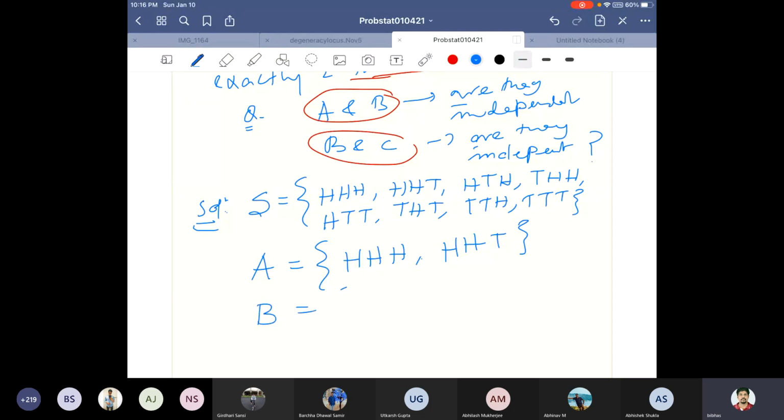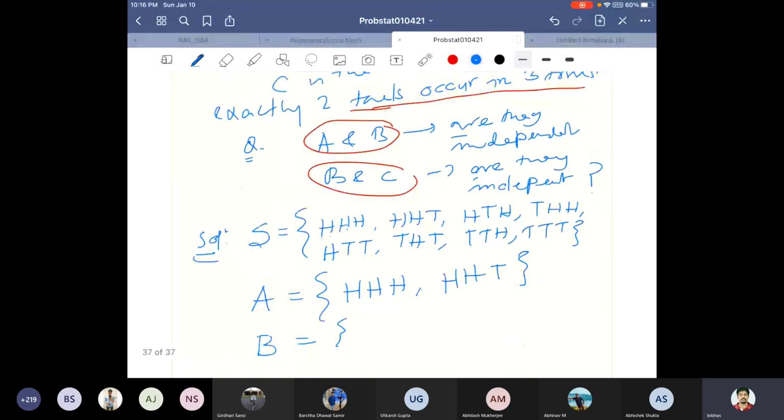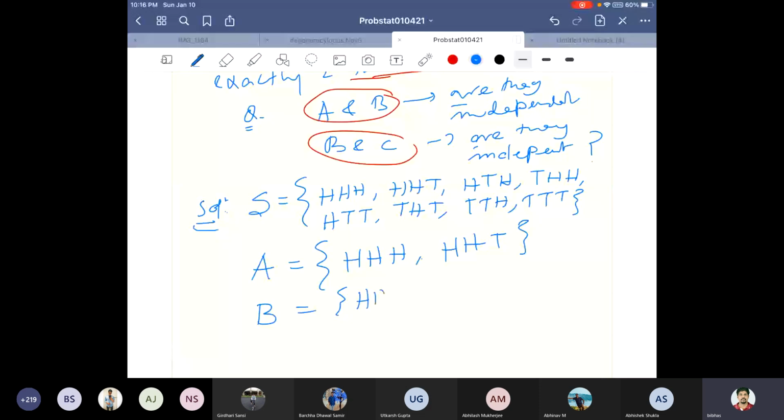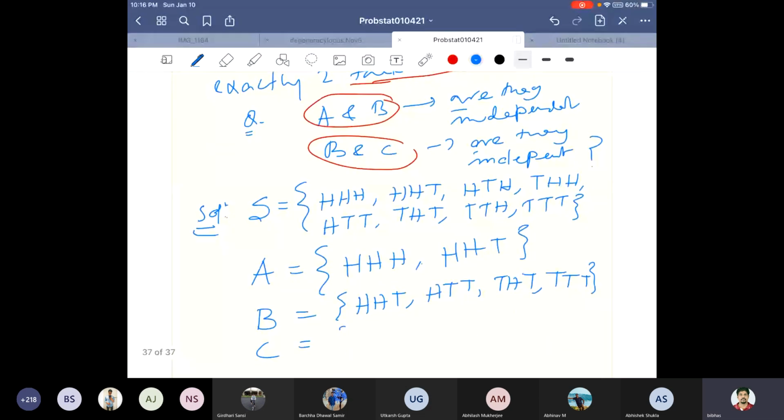B occurs means tail occurs on the third toss, so it could be HHT or HTT or THT or TTT. And C is the event that the total number of tails is 2, so it could be HTT or THT or TTH.